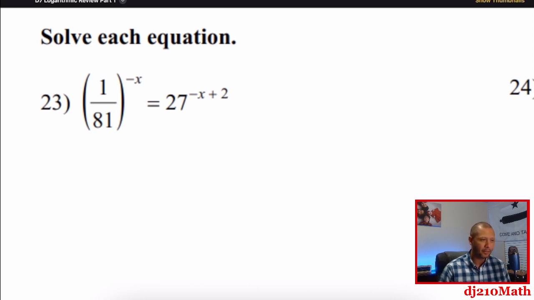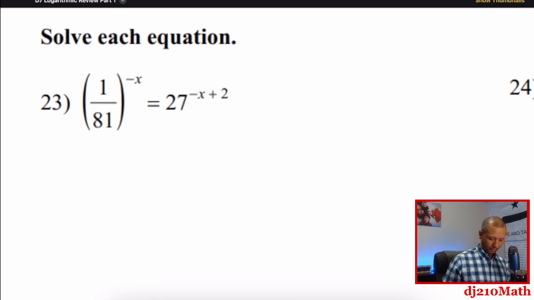Really the key is that when you get them both in exponential form, you want the bases to match. Because when the bases match, we can let the exponents equal each other. Or you want logs on both sides, and you make the arguments equal to each other.